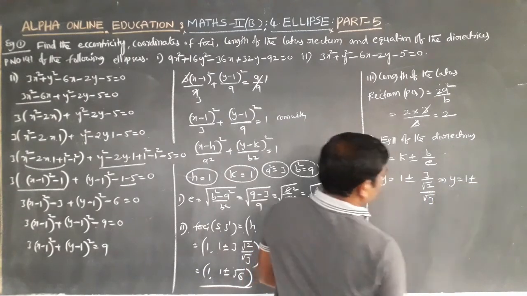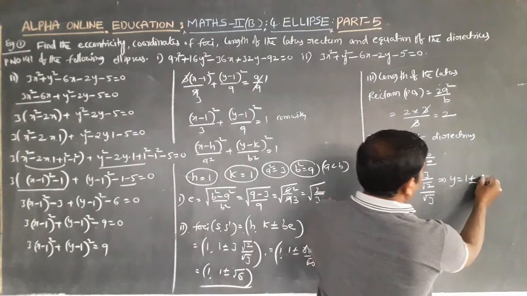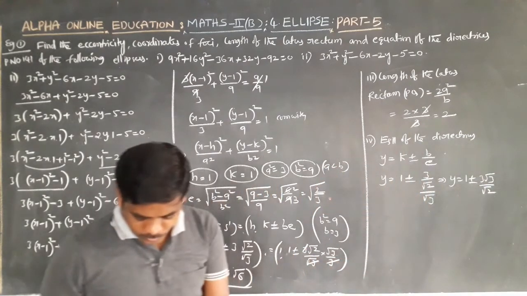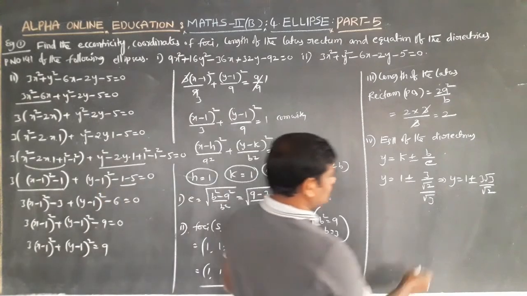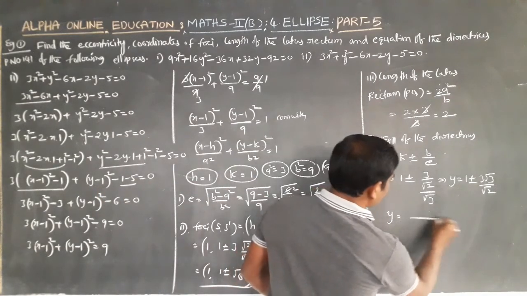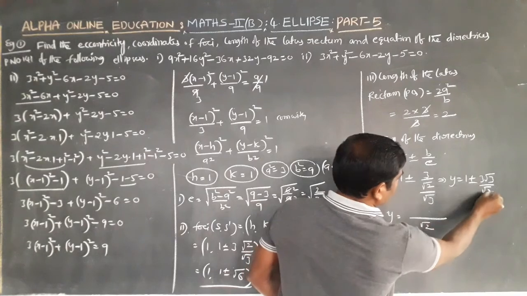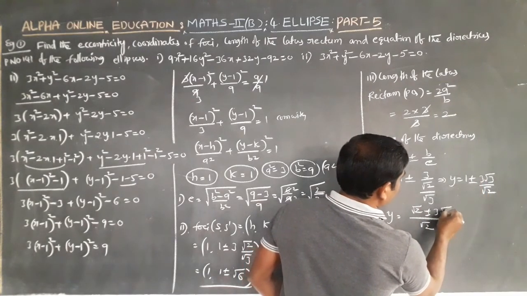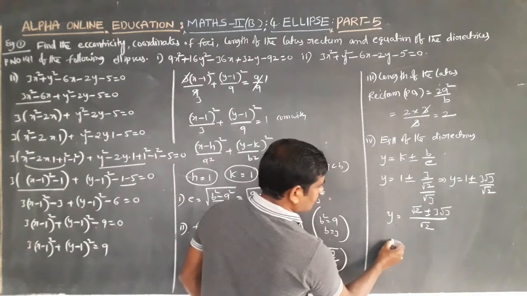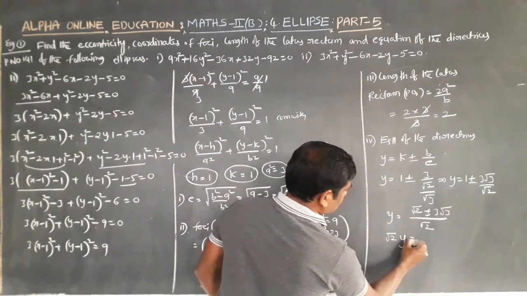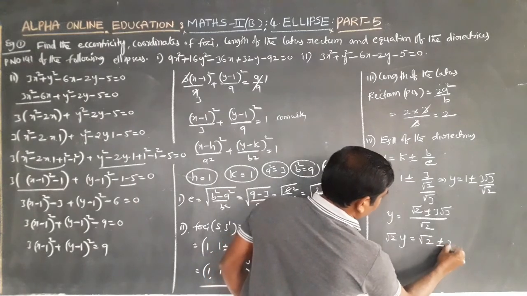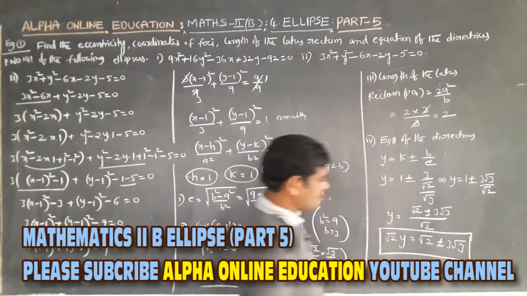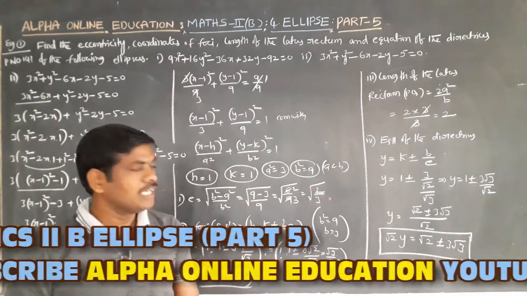So y is equal to 1 plus or minus, taking root 3 to the numerator, 3 root 3 by root 2. Here taking LCM root 2: root 2 into 1, root 2, plus or minus 3 root 3, taking root 2 to the left side. So root 2 y is equal to root 2 plus or minus 3 root 3 is the equation of the directrices.